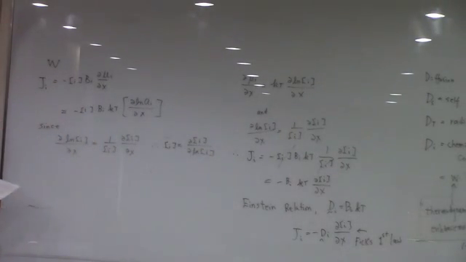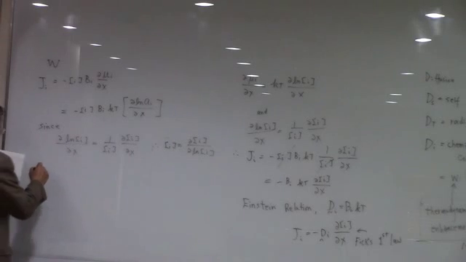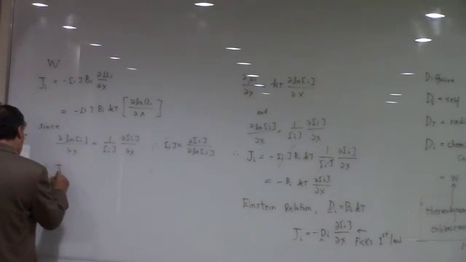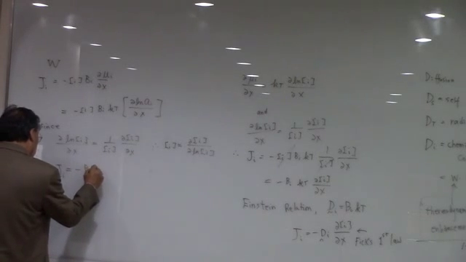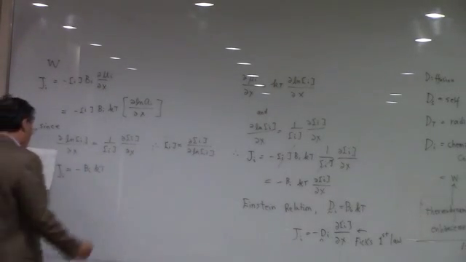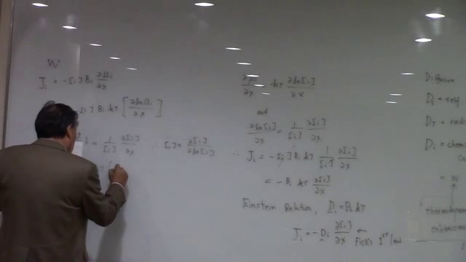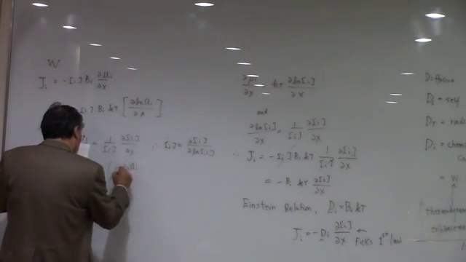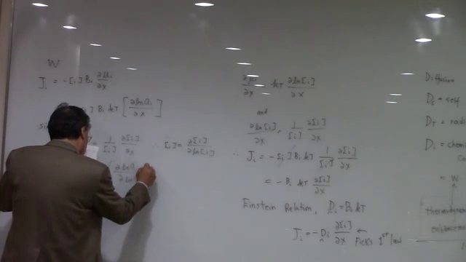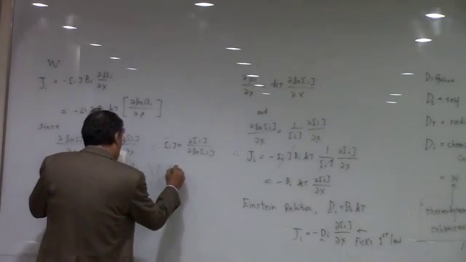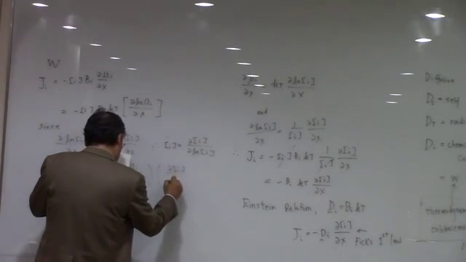It's just a simple mathematical manipulation. And then the Ji is going to be Bi kT ∂ln ai over ∂ln concentration, times ∂concentration over ∂x.